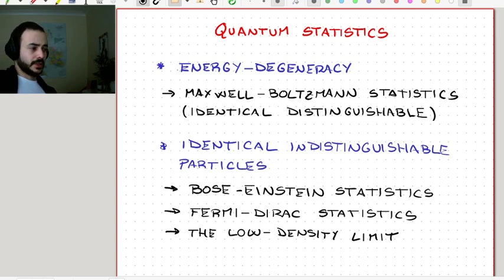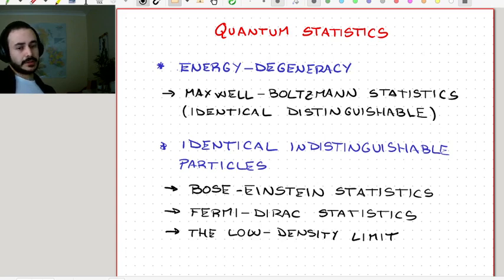Okay, and actually there could be several different phase space cells or individual states of the system that have the same energy. Okay, but we are going to lose track of which state is which, and we are only going to count how many particles have a certain energy. And then this will introduce the concept of energy degeneracy.